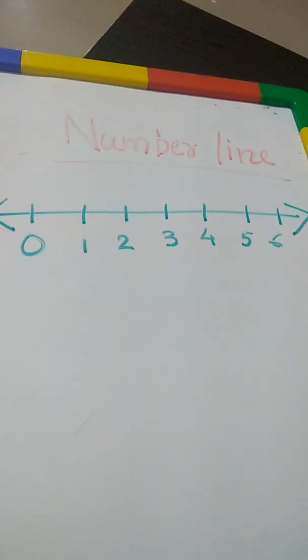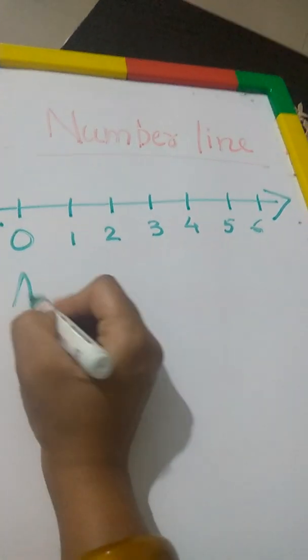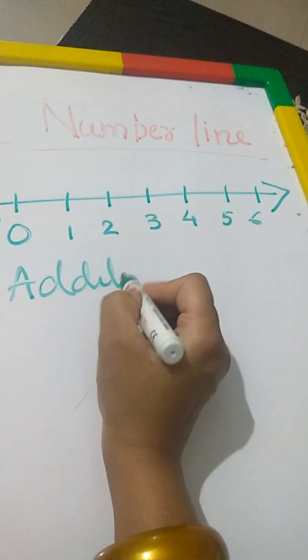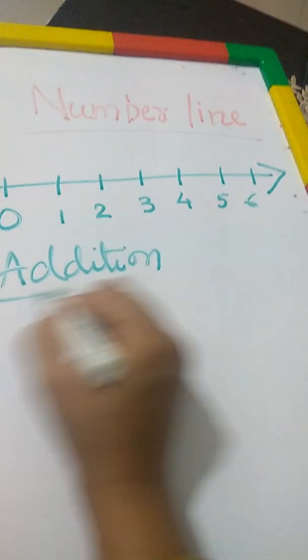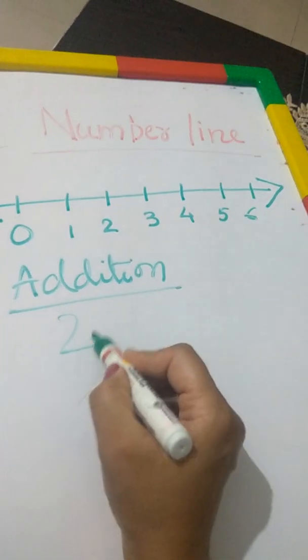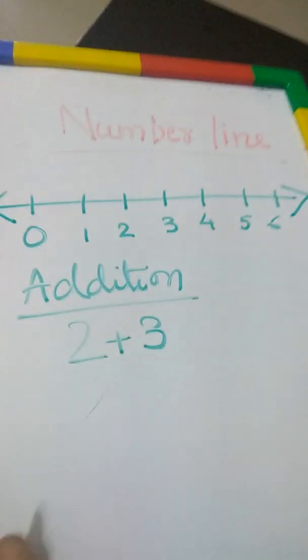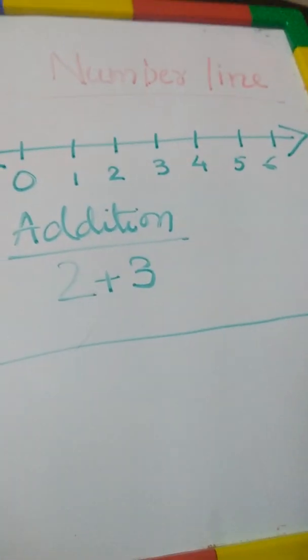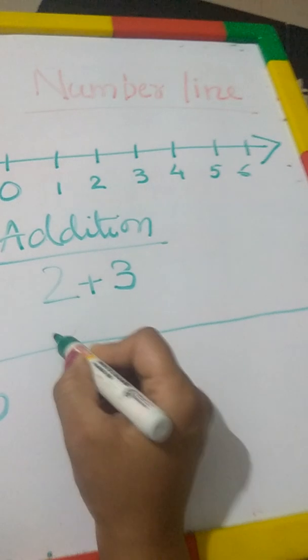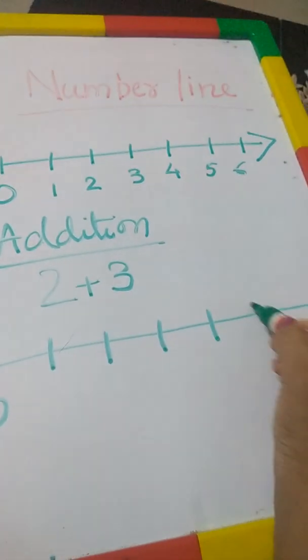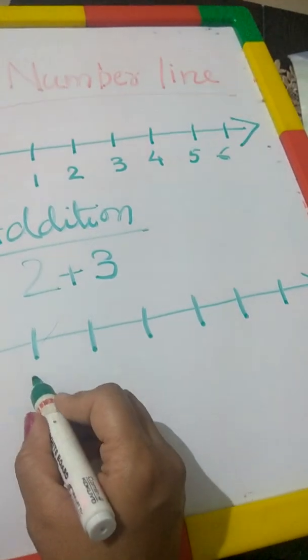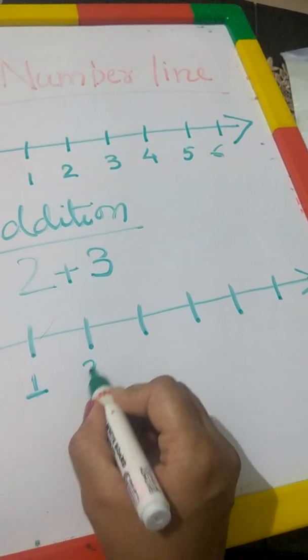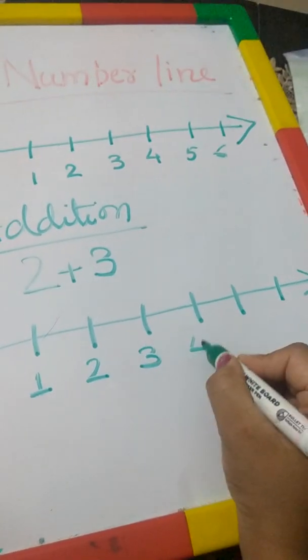Now let us see how we can do addition on number line. If I have to do 2 plus 3, then how I am going to do it on number line? I will draw some numbers on the number line.